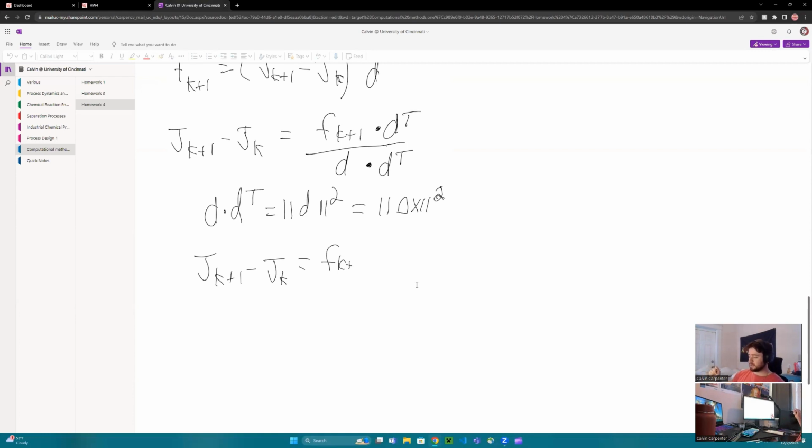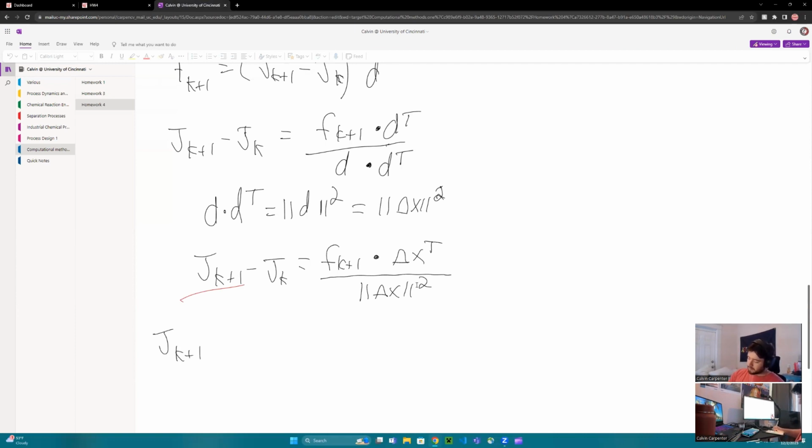So all we're doing is just substituting delta x back in for D. So f of k plus 1 delta x transpose over delta x squared.